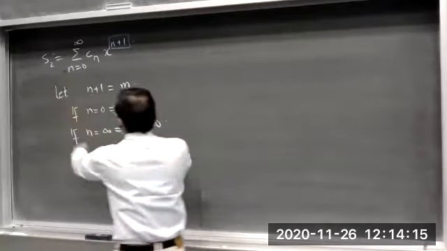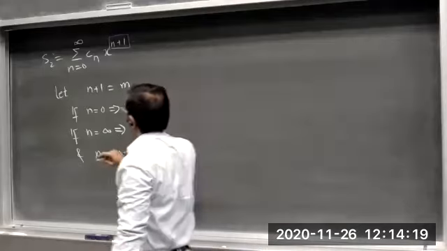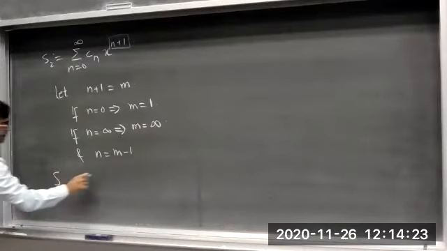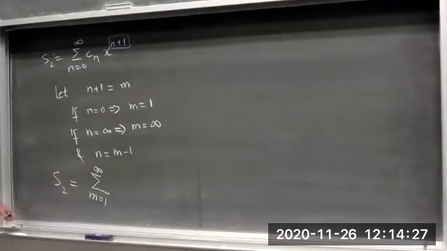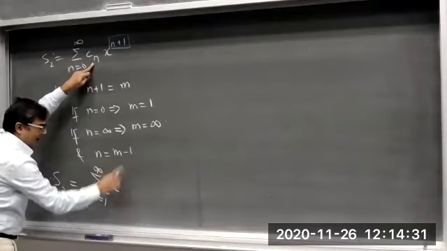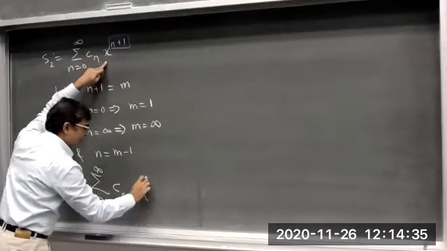Now, using these substitutions in this series, we can write that S2 has been transformed into m from 1 to infinity, Cn, n is m minus 1, and x power m.